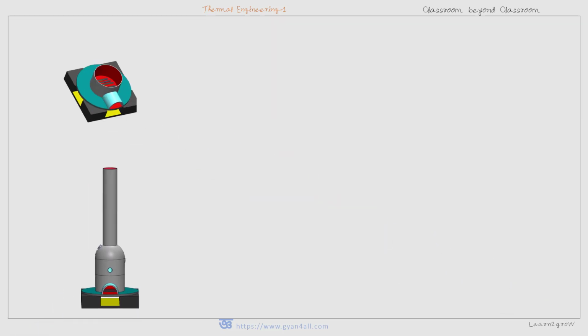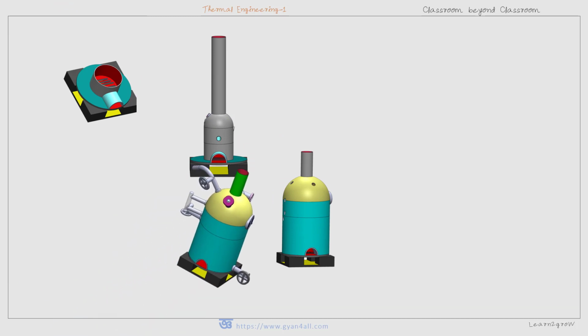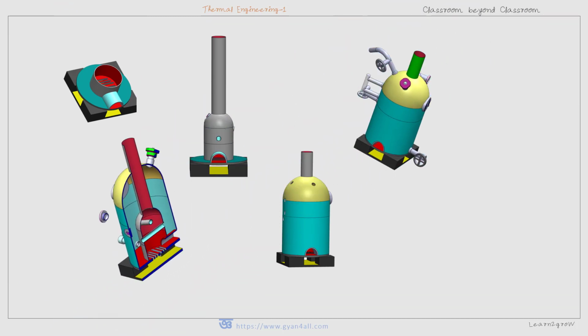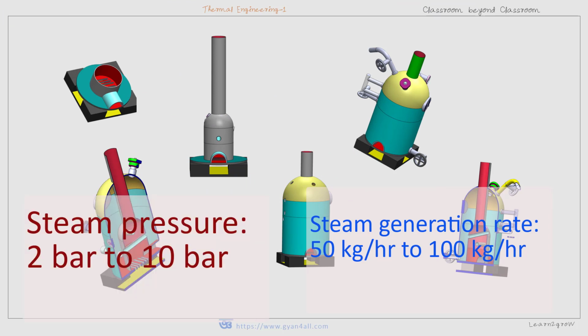Okay, now let us mention the technical specifications of the simple vertical boiler. The capacity of a simple vertical boiler is less, and its operating pressure is also low. The steam generation rate ranges from 50 kg per hour to 100 kg per hour, and the steam pressure is from 2 bar to 10 bar.